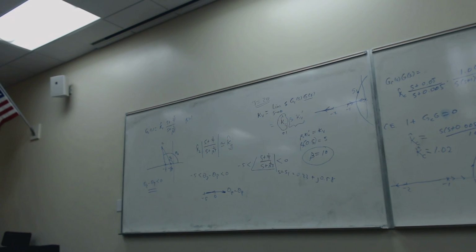But I think that generally the specifications are often given in terms of time domain specifications. So you have to convert time domain specifications to the frequency domain. So in that sense, designing compensators using the frequency response is not quite as straightforward as using the root locus.